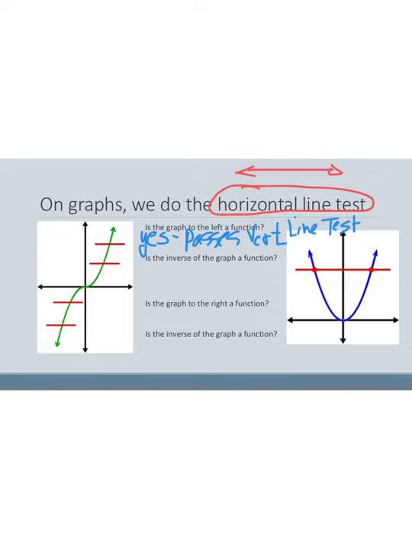Remember, the inverse of a function means we're switching the x and the y. So if I use the vertical line test for the function itself, then I can apply the horizontal line test, which is switching the x and the y, to the graph itself to determine if the inverse is a function without actually graphing that inverse.